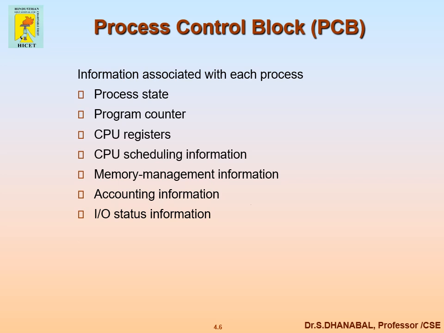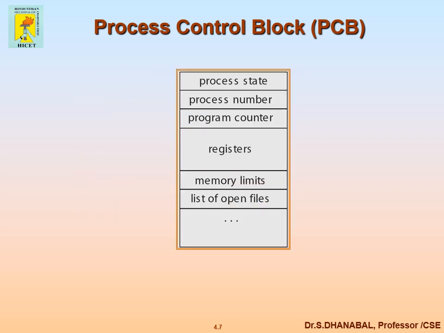It also contains accounting information about the CPU: the amount of CPU used for process execution, the time limit, execution ID, etc. We also have IO status information. This includes a list of input output devices allocated to the process. All those things come under this category.